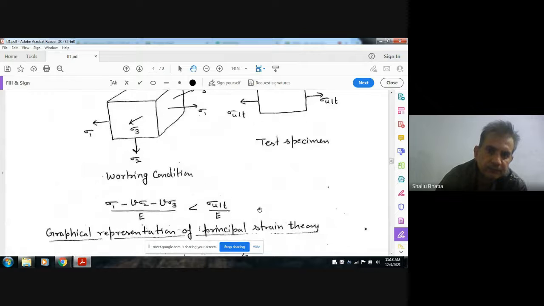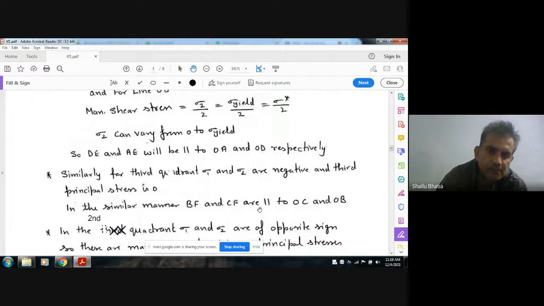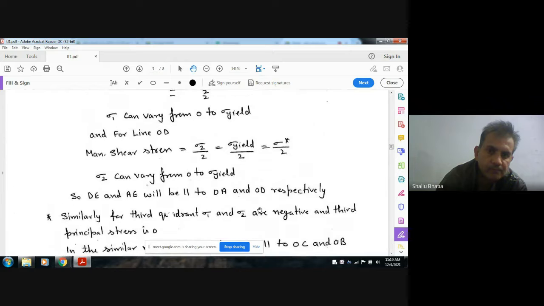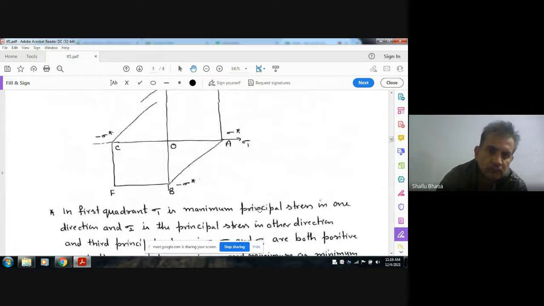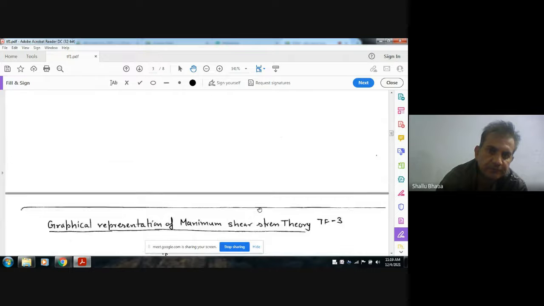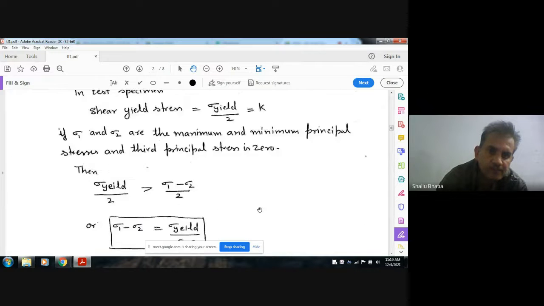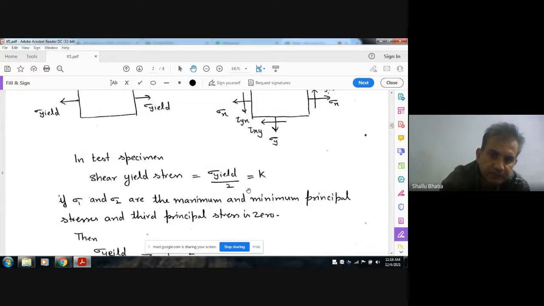This is your maximum shear stress theory. According to maximum shear stress theory, shear yield stress, that is k, shear stress is equal to normal yield stress by 2.